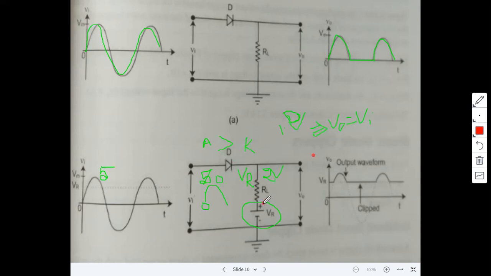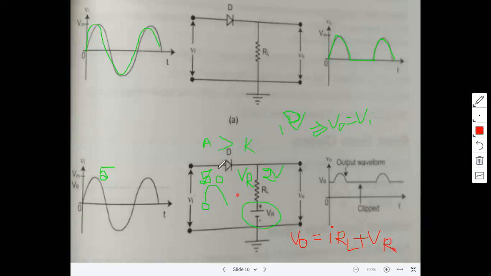When the diode is off, what is the output voltage? When the diode is off, the current is equal to 0, so there is no drop across the load resistor. The output is equal to VR only. Or simply apply KVL to this loop: V0 is equal to I times RL plus VR.